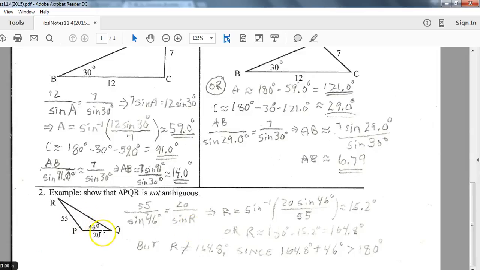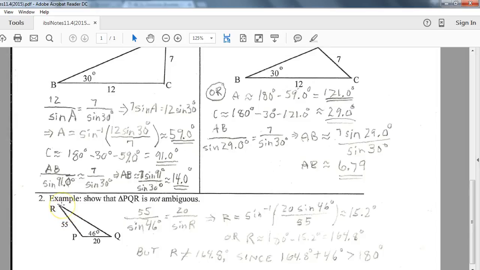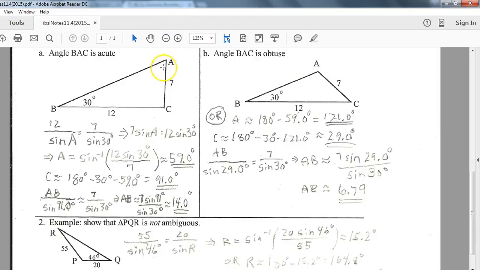So look at the numbers here, and again, I do have another side-angle case. If we do our law of sines, we would see that angle R in the acute form is 15.2 degrees. So if that's 15.2, and I subtract 15.2 from 180 to get the other case, remember up top when we did this, we had an acute form and an obtuse form, and the acute form and the obtuse form must add to 180.